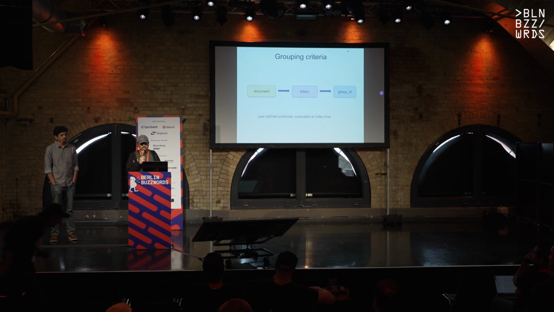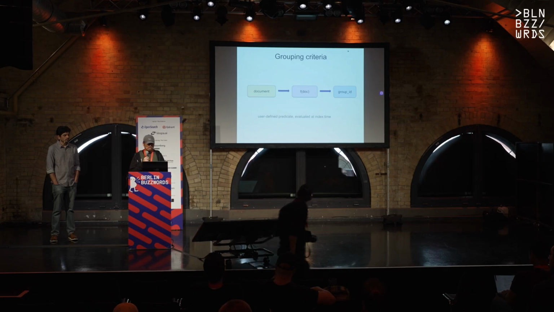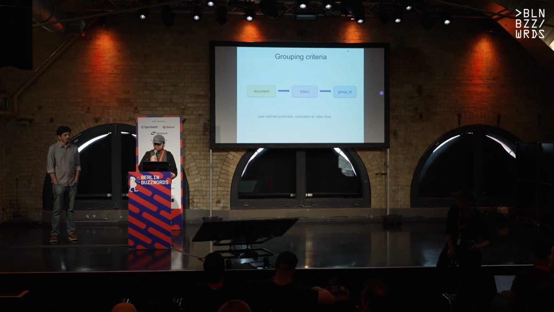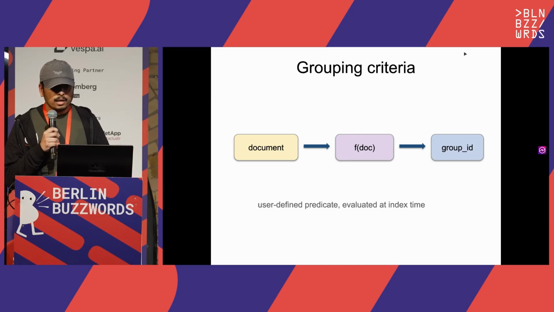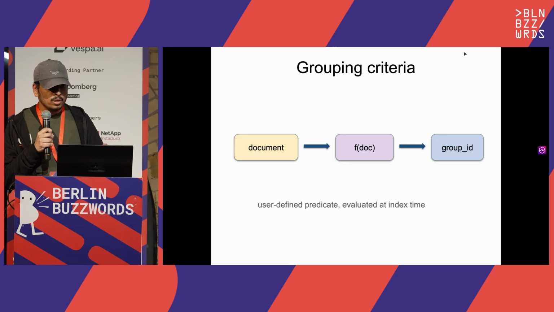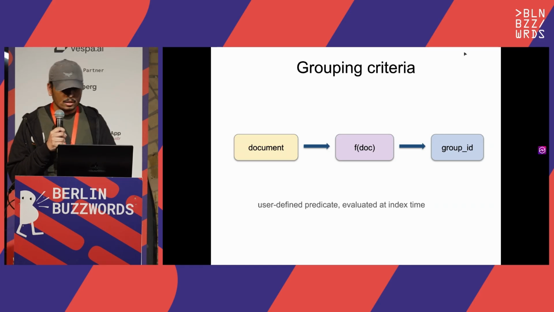For example, for the HTTP logs use case that we have been discussing so far, the grouping criteria can be to group the documents by status code category. In that case, all the 200-level responses will be grouped together, and all 5xx logs will be grouped into another group.